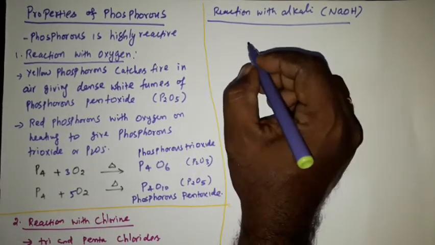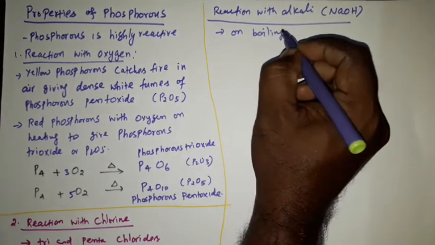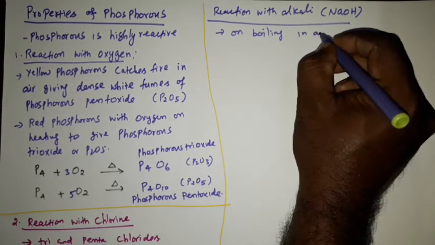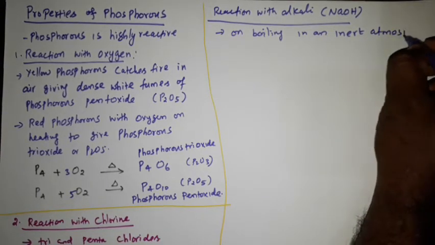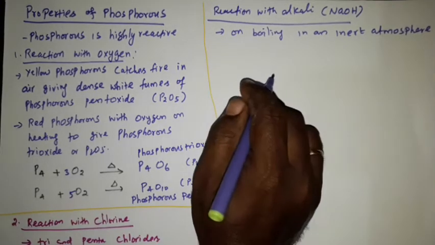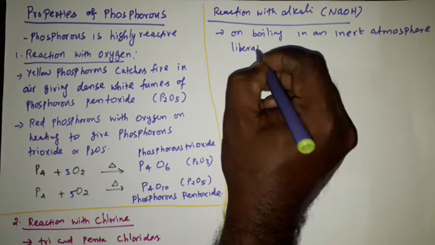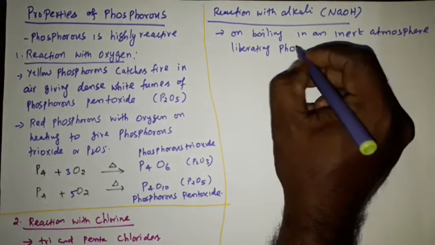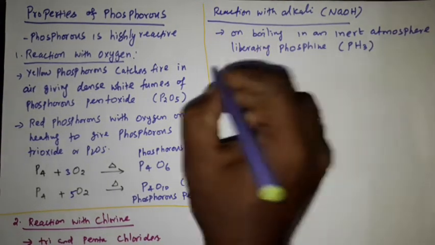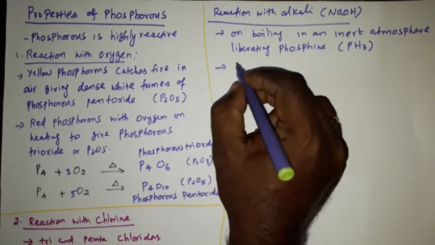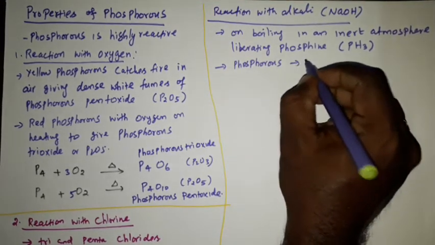Yellow phosphorus reacts with alkali on boiling in an inert atmosphere, liberating phosphine. Phosphine formula is PH3. Here phosphorus acts as a reducing agent.